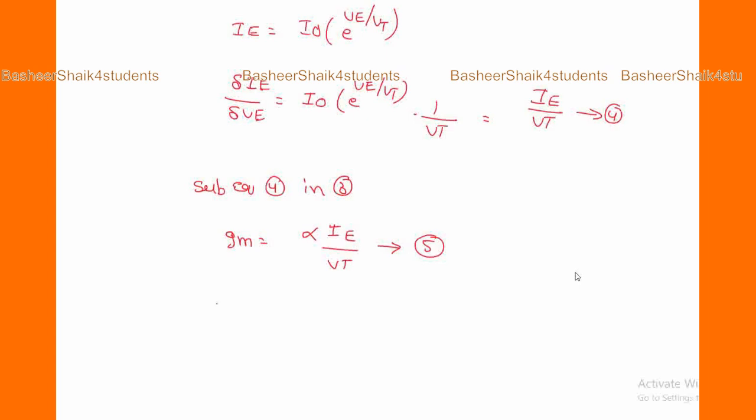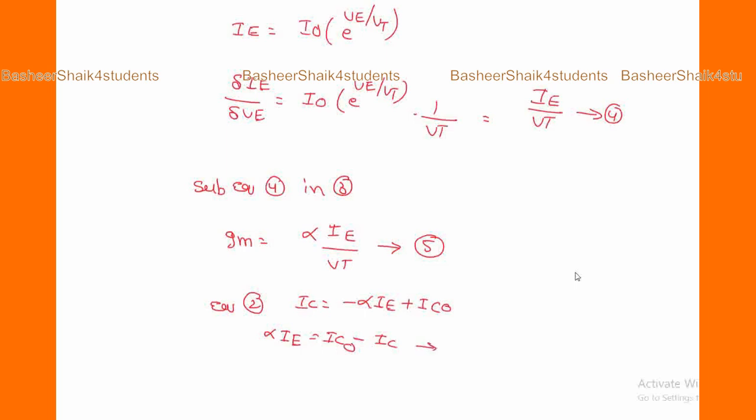From equation 2 itself, we know IC is equal to minus alpha IE plus IC naught. Now, if we replace the minus alpha IE over here, then we can write this as IC naught minus IC is equal to alpha IE.